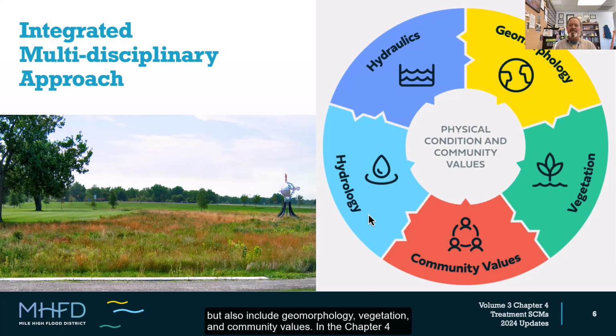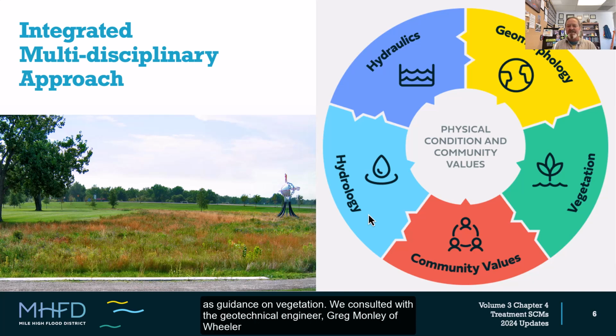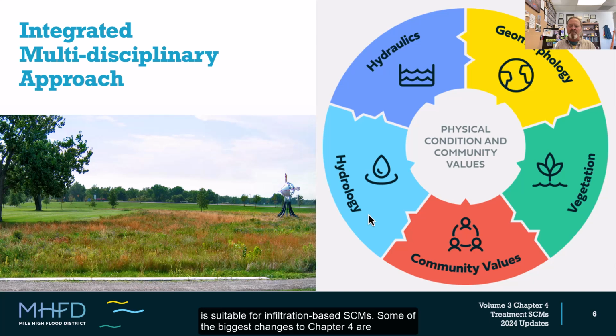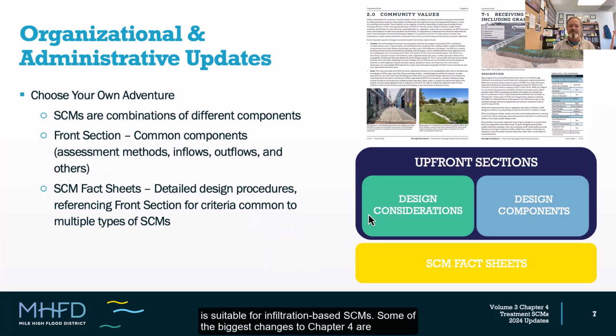In the Chapter 4 update, we tried to provide improved information on community values to better integrate SCMs into the urban and suburban landscape. Stream landscape architecture provided excellent input on this topic, as well as guidance on vegetation. We consulted with a geotechnical engineer, Greg Monley of Wheeler and Associates, on subsurface exploration to provide better guidance for determining whether or not a site is suitable for infiltration-based SCMs.